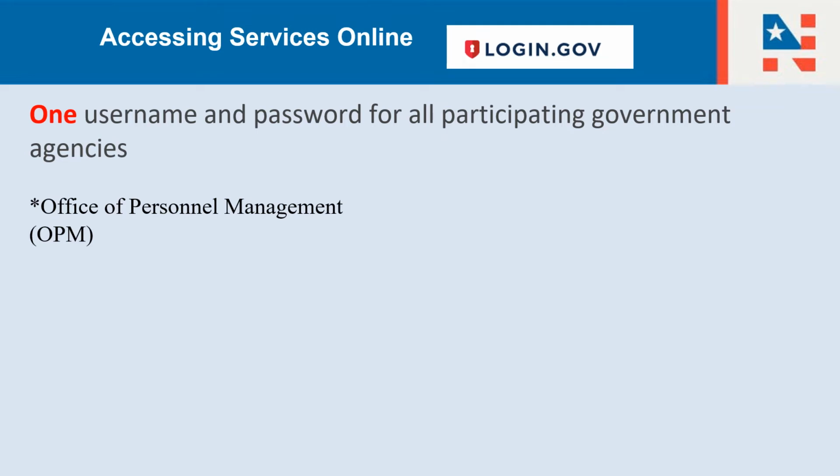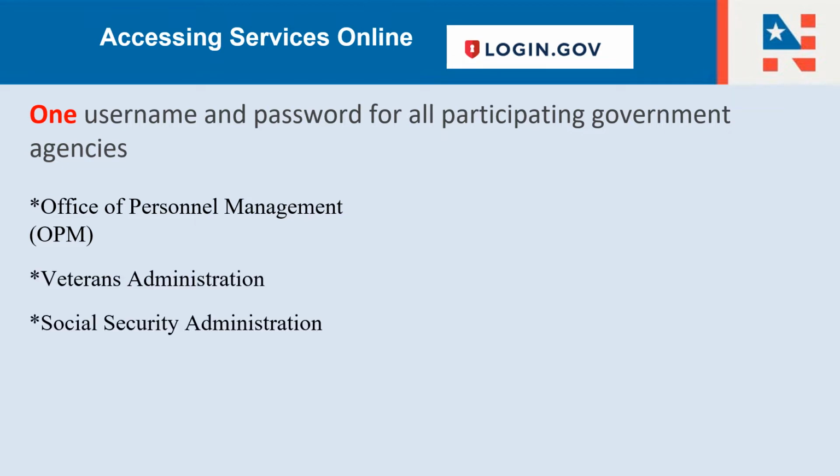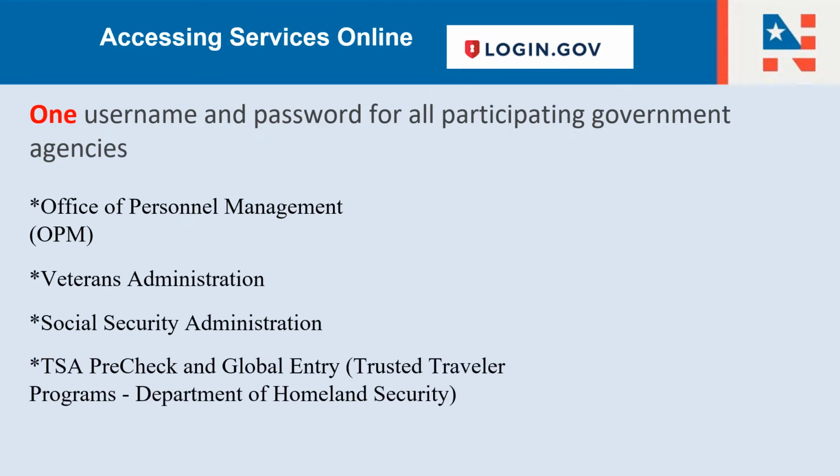Login.gov is one username and password for a number of participating government agencies. This streamlines your process and eliminates the need to remember multiple usernames and passwords. Participating agencies, in addition to OPM, include the VA, Social Security, and many others.